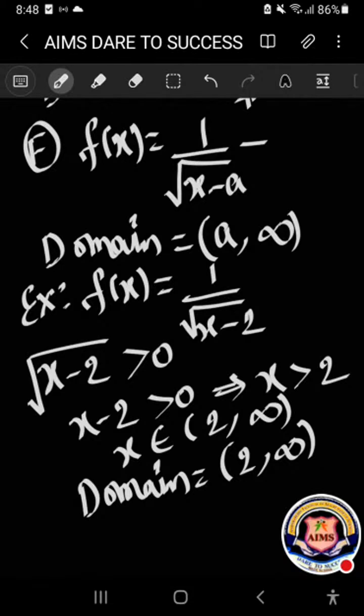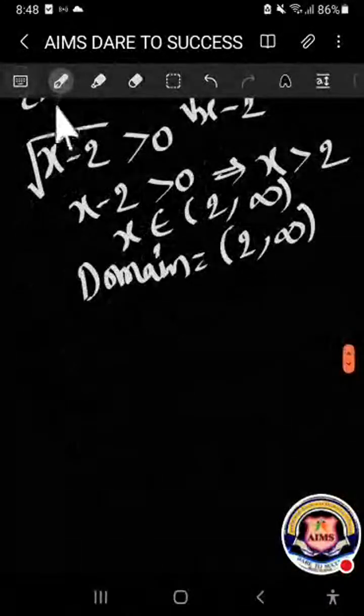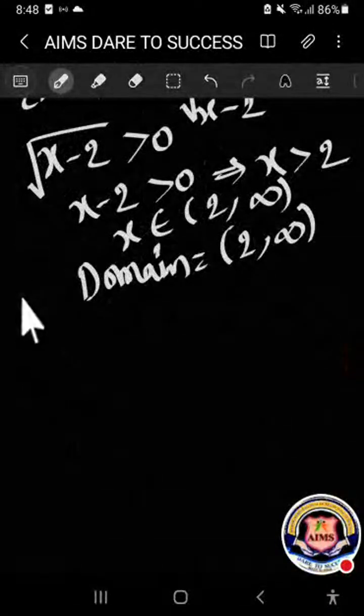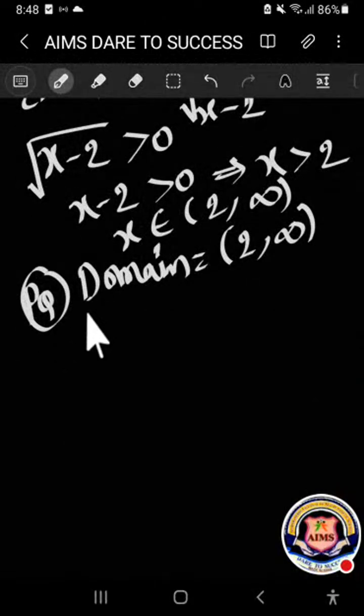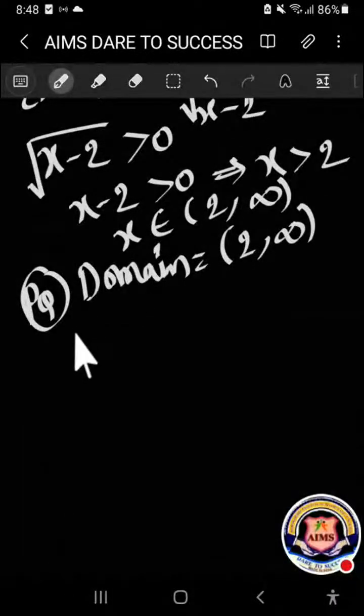Next we will go to one more question. So first of all, I am giving you a homework practice question for this problem. What should we take? You can write the general method, and you can also write the shortcut.